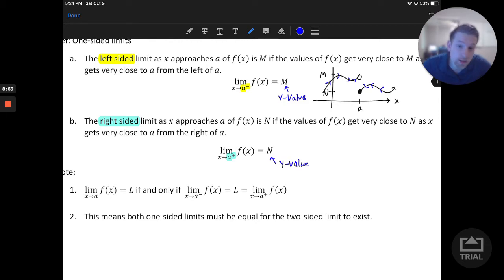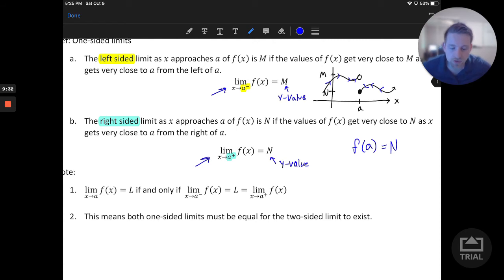So here, A's actual functional value, and this is kind of a third question, is we could ask, well, in this little diagram, what is the functional value at A? Well, it can't be both n and m at the same time. In this case, it happens to be n because that's where the point is actually defined. So again, this is asking a totally different question than the limit as we go from the left or the limit as we come from the right.